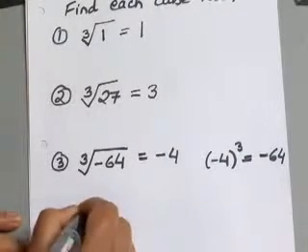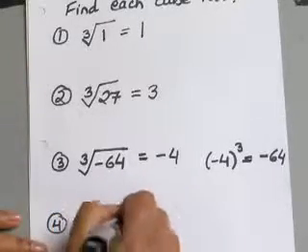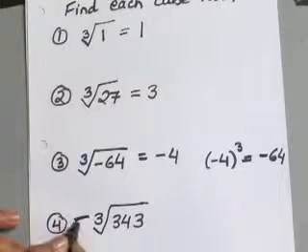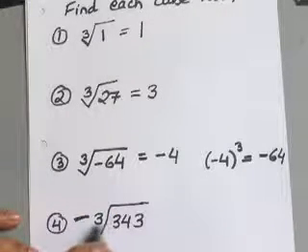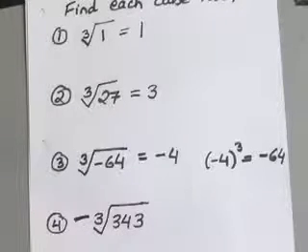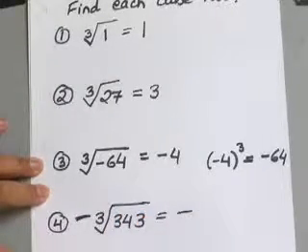And let's see, what do you think should be the negative cube root of 343? In this case, you will see the negative is on the outside. So again, it basically means we're interested in a negative cube root here, so your answer will also have a negative sign.